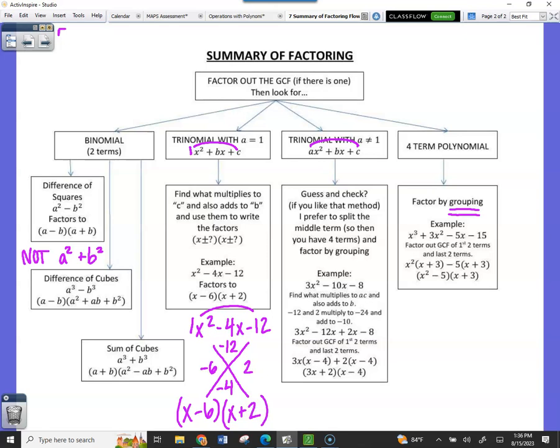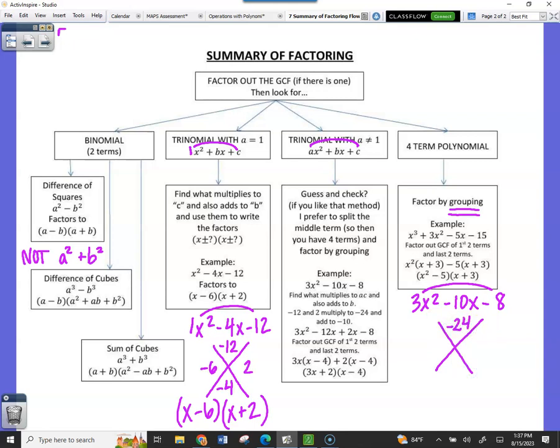Right? Okay. Now I'm going to show you another problem where A is not 1, where you cannot jump straight to this. So we're going to do this one right here: 3x squared minus 10x minus 8. All right, A times C is negative 24.